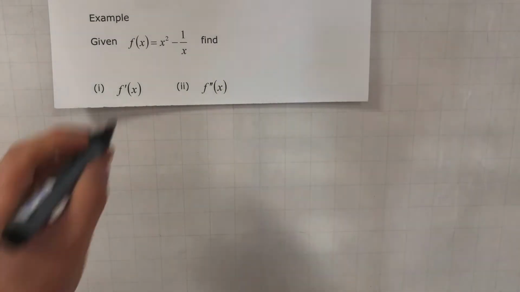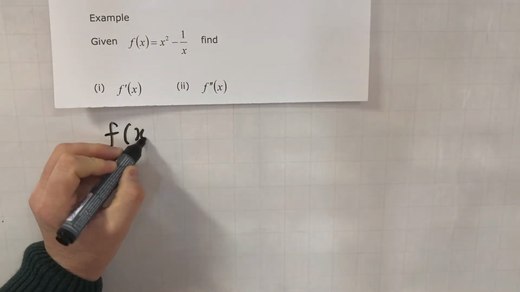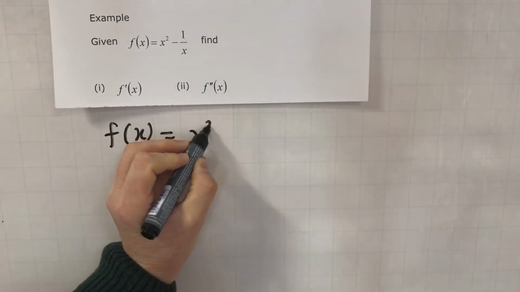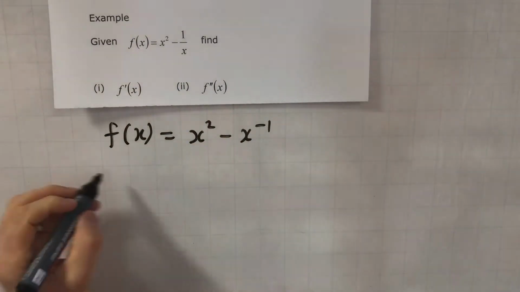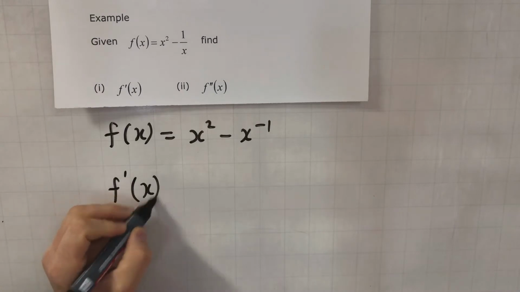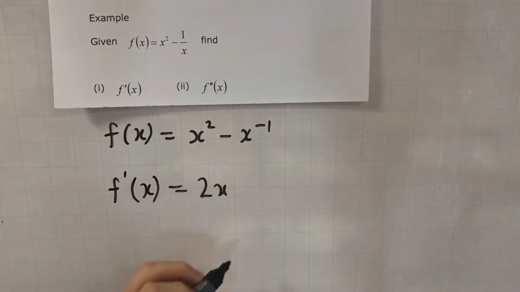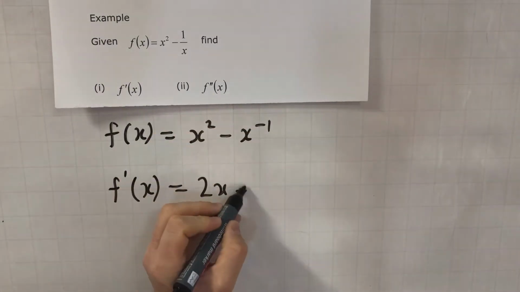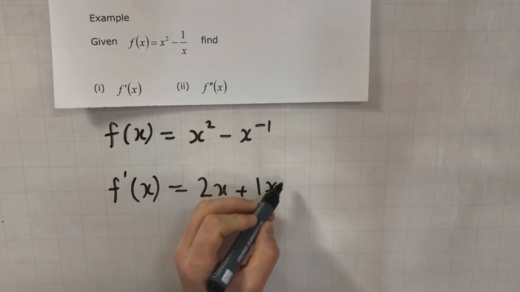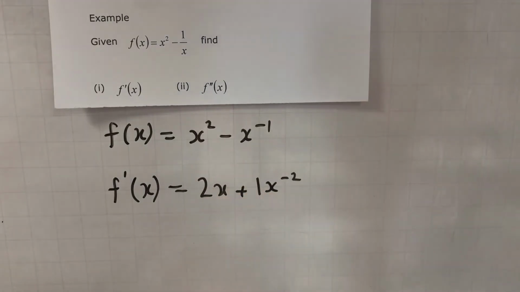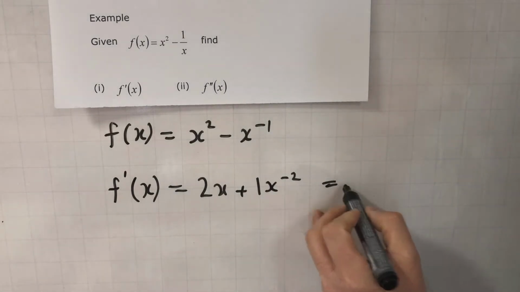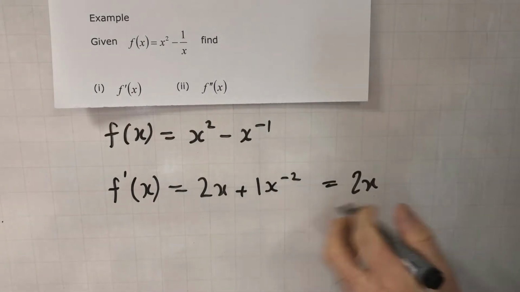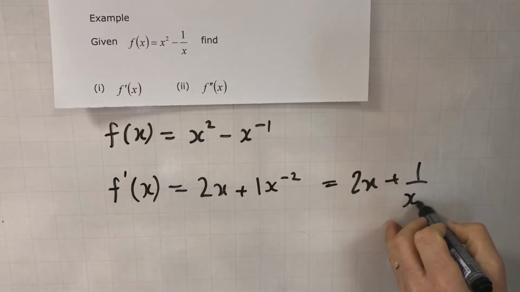And likewise, if I first of all rewrite that one because of the second term, 1 over x we know is x to the power minus 1. And then the differentiation of that is 2x for the x squared. Bring down the power, so positive 1 x to the power of minus 2. That can be rewritten as 2x and that as 1 over x squared.